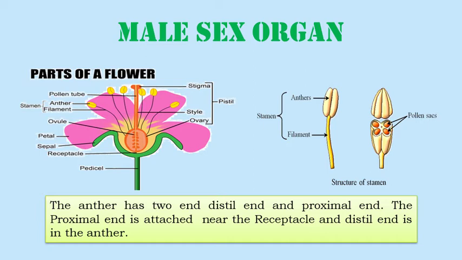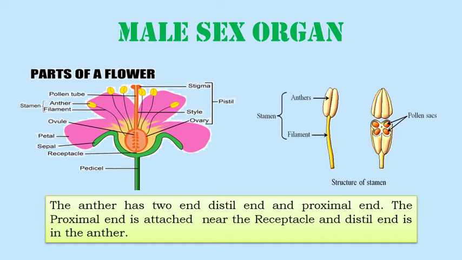This anther, when we dissect it, we can see the pollen sac here. What is pollen sac? It is a structure in the anther of seed plants that produces pollen.